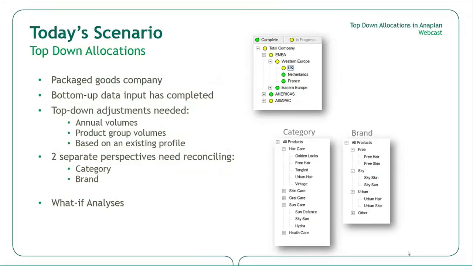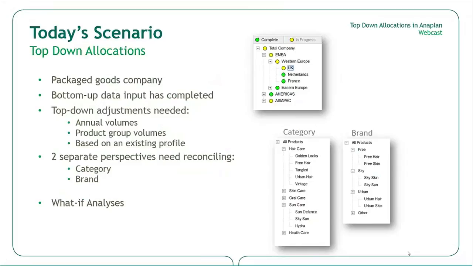And we've seen how we can reconcile two perspectives and capture the results of that negotiation, both from an audit perspective with the numbers and with some commentary to make it more transparent. I've also done a bit of a sneak peek into some what-if analysis to give an additional flavour to what the product can do. So hopefully it's given you a good idea of the capabilities of Anaplan.